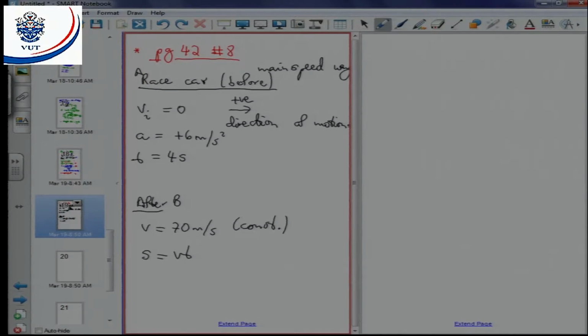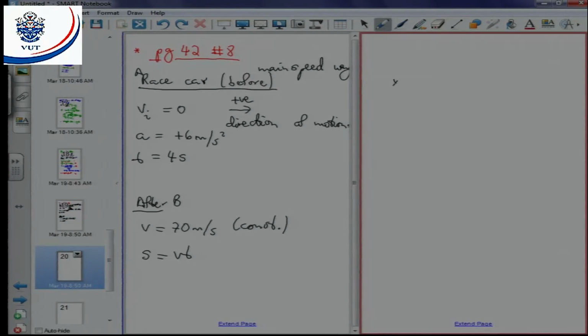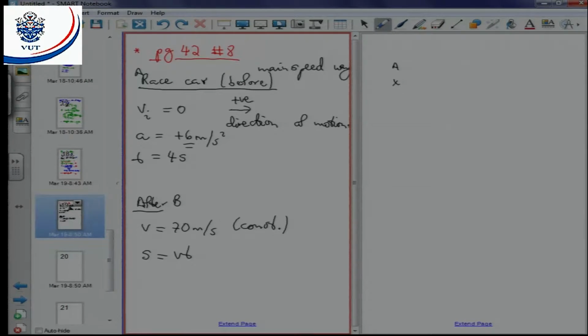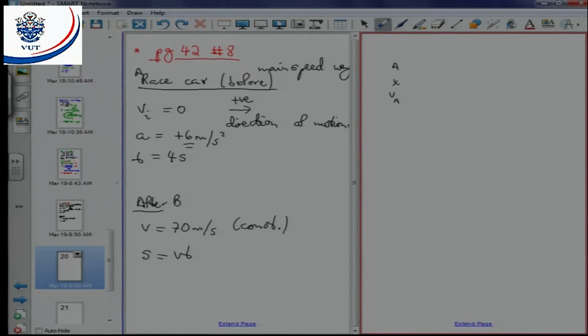So what else are we told? It overtakes and passes the entering car. If the entering car maintains its acceleration, how much time is required to catch the other car? This is important: at some instant here, car A is accelerating at 6 meters per second squared, and we want to know what speed car A is moving at.